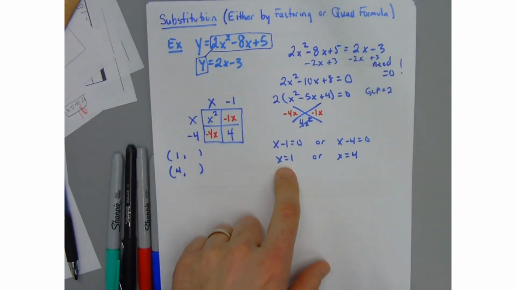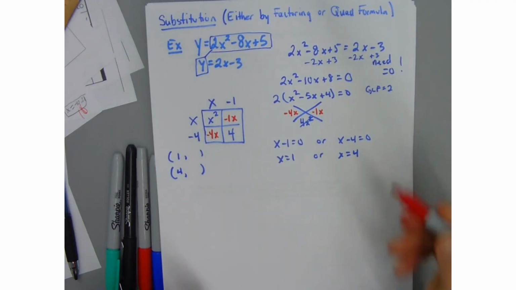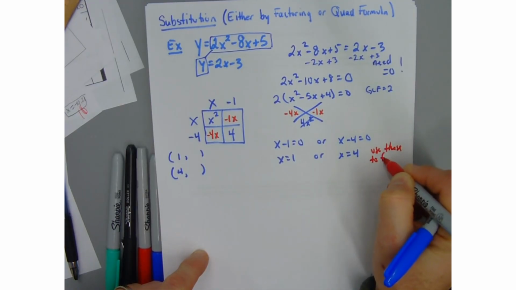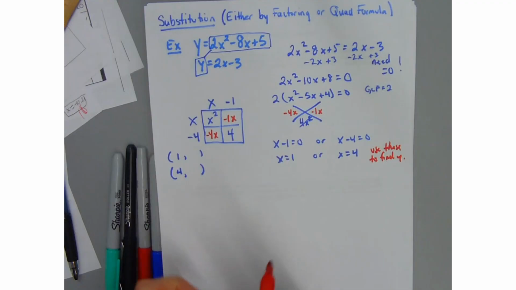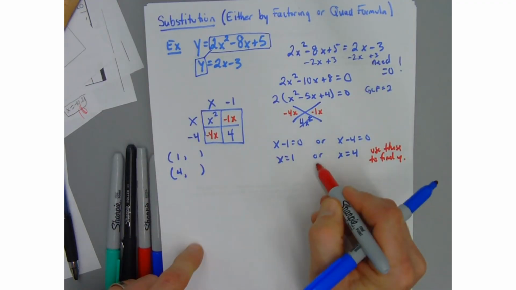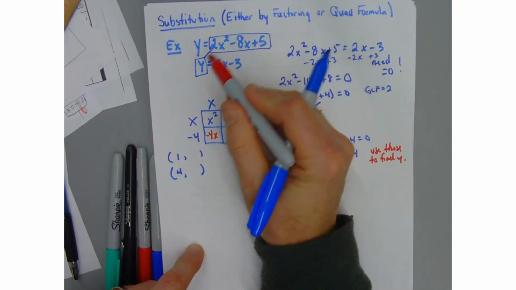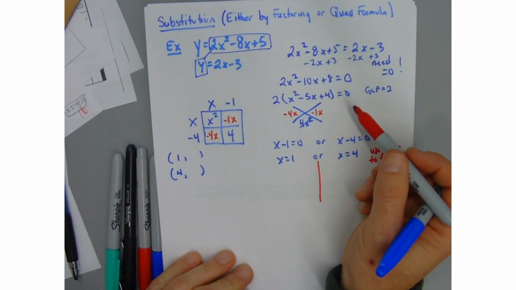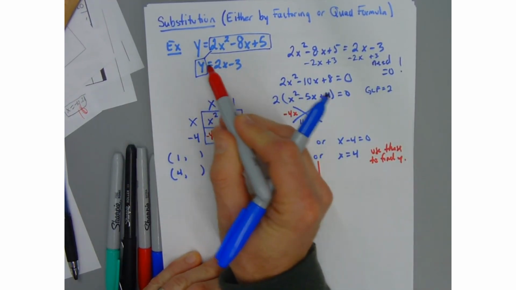Now, I can only do this one at a time. So we're going to use these to find the corresponding y value. So we're just going to start one by one. And it doesn't matter which equation you choose, but let's work smarter, not harder, right? So here, I'm going to use this equation down here.